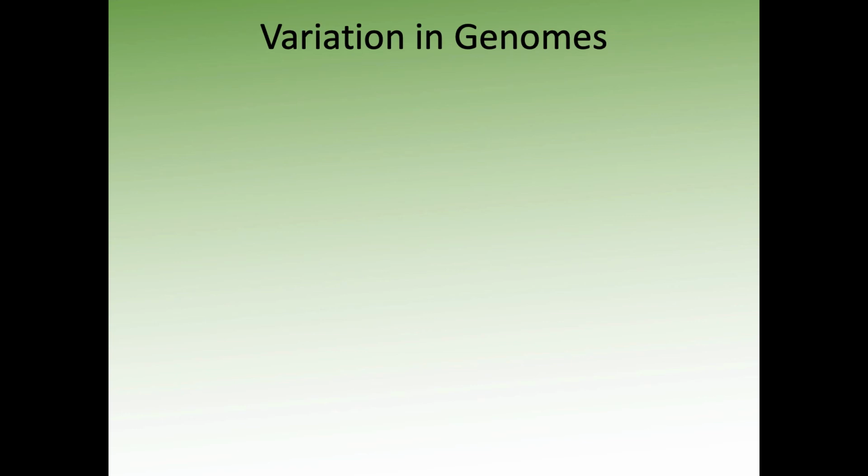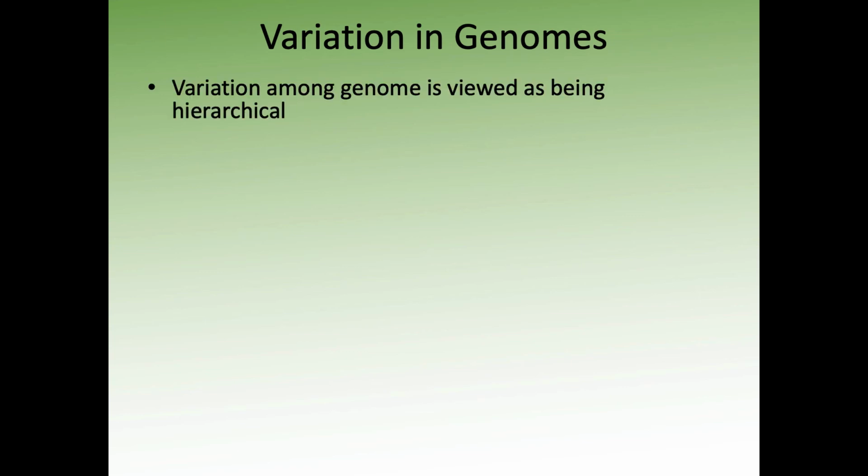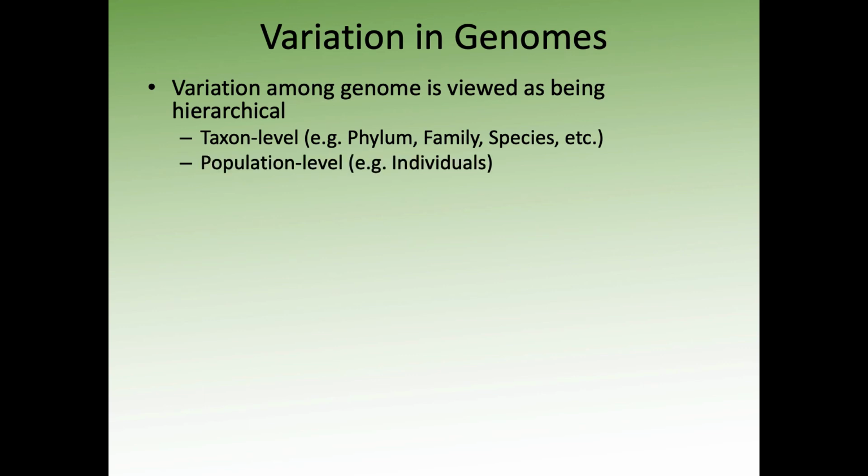Another area that I think is really important when we think about why we want to look at genomes is thinking about variation in genomes. Specifically, we think about variation as being viewed as hierarchical. So we've got taxonomic level variation, we've got population level variation, we have variation that's within an individual.